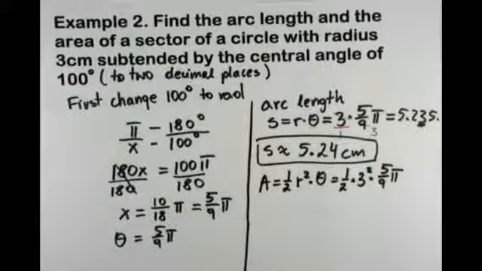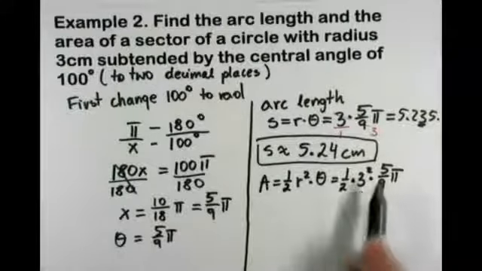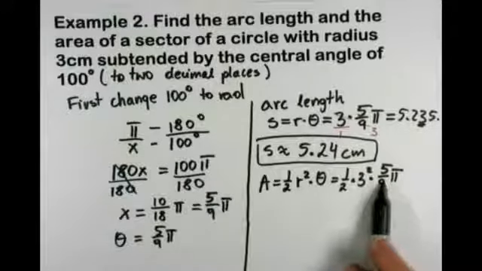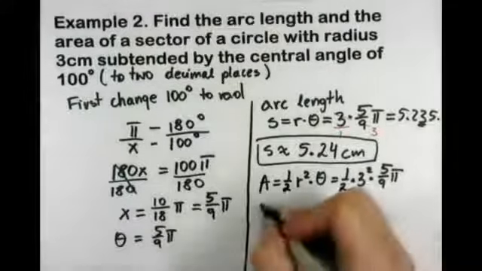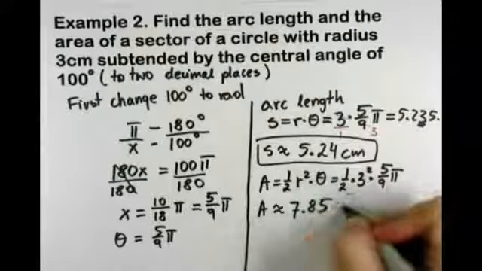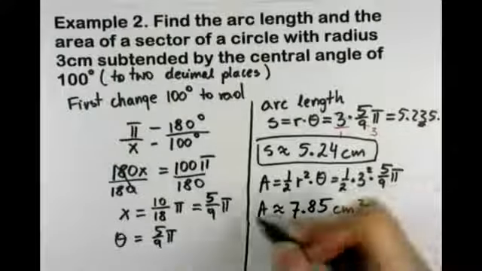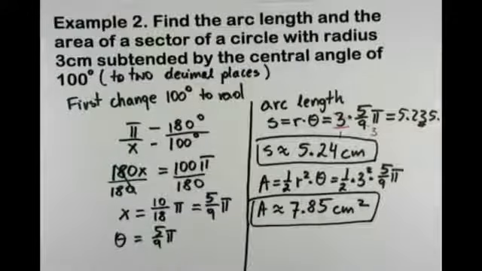We can punch everything on the calculator, or we can recognize that 3 squared is 9, and 9 and 9 cancel out. So we have 5 over 2 times pi, which is approximately 7.85. So the area is approximately 7.85 square centimeters. Or punch this straight on the calculator.